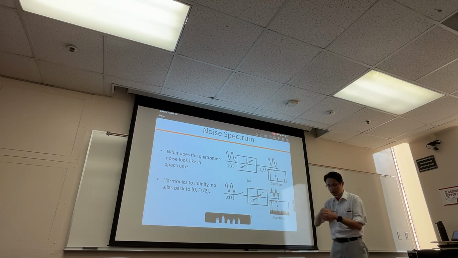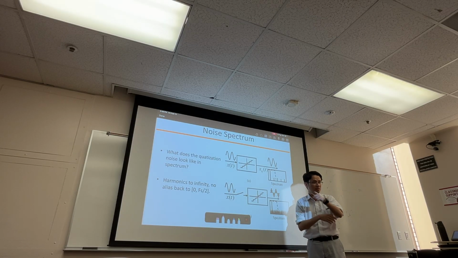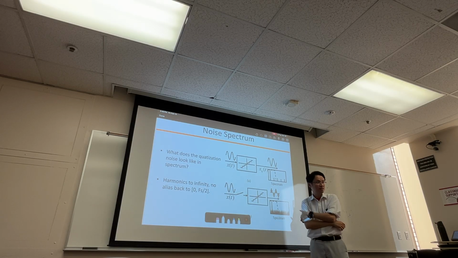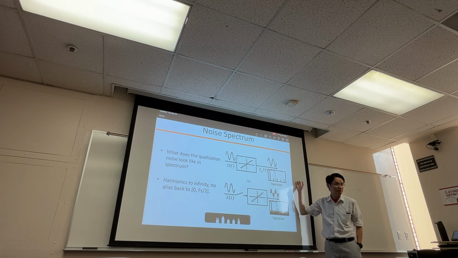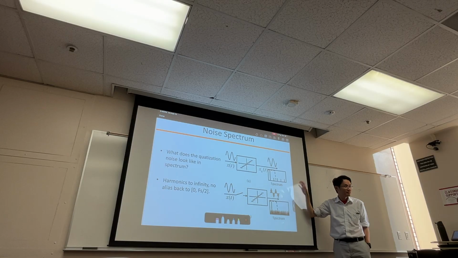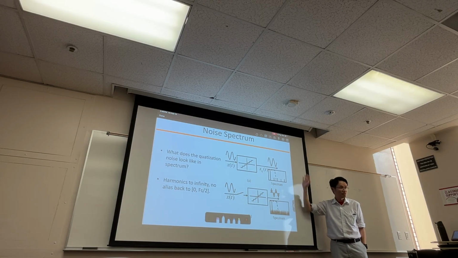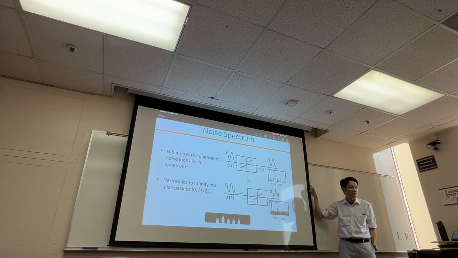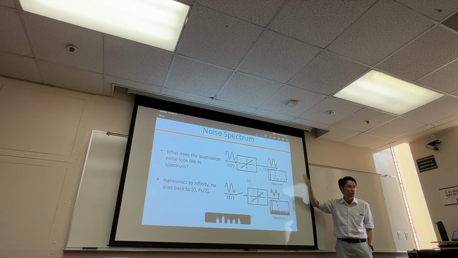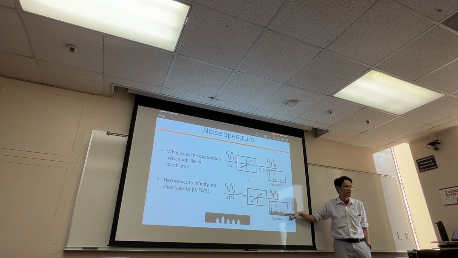It will alias at every integer multiple of fs. Can you imagine if I tell you, every fs you fold it, go to infinity? Every fs folded. We get back to this.